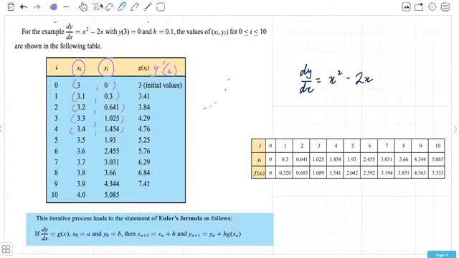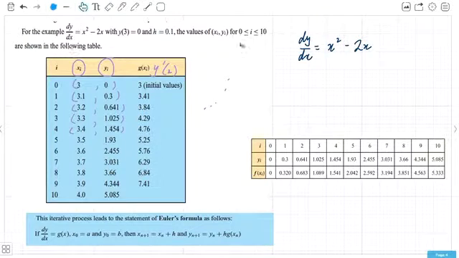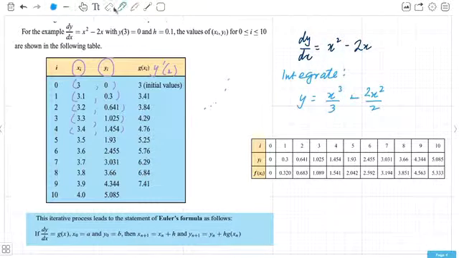Now, we can check that because the differential equation we were looking at is this one. So dy dx equals x squared minus 2x. Well, we can integrate that pretty easily by hand. So we get y equals x cubed on 3 minus 2x squared on 2. So the 2's go away, plus a constant.